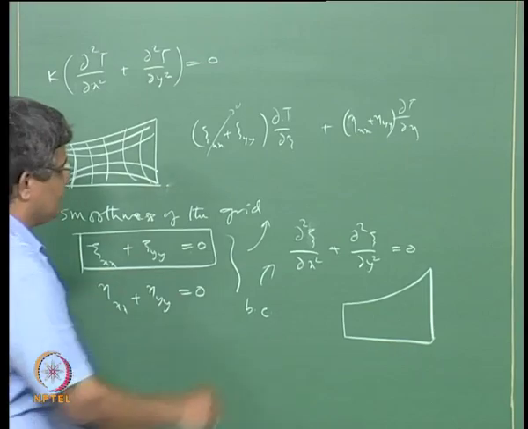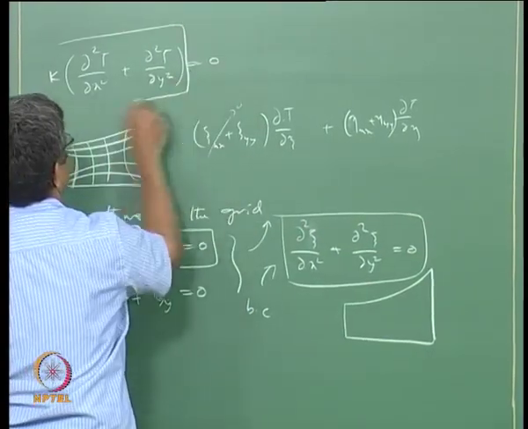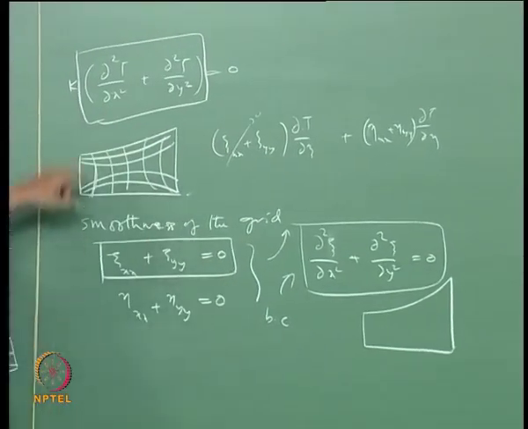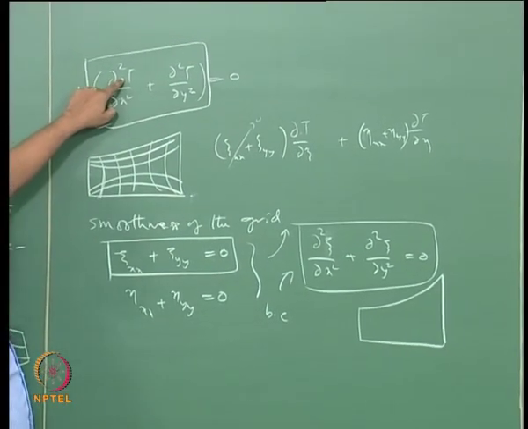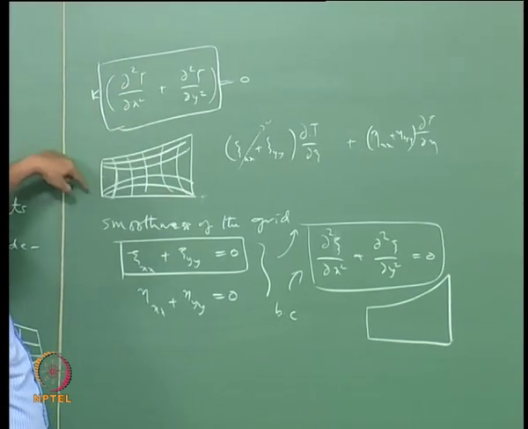And I would like you to compare this with this equation, which is the heat conduction equation, where we are specifying thermal boundary conditions at the walls, that is on all these surfaces here.